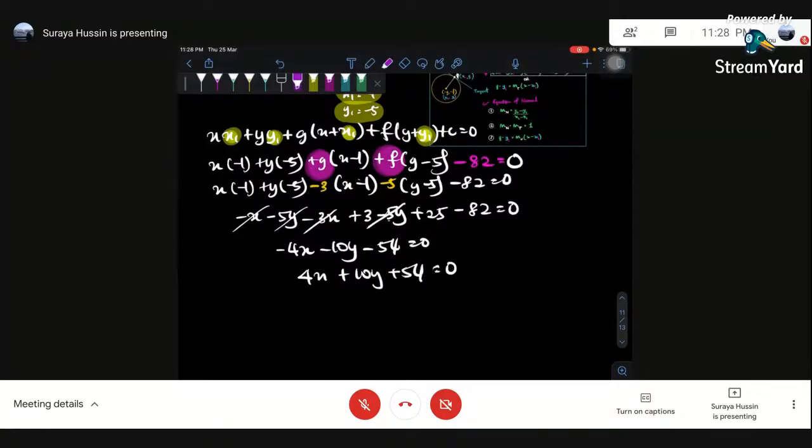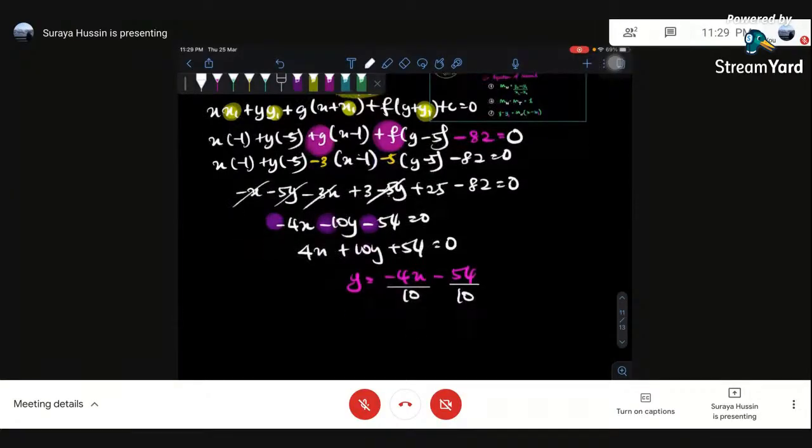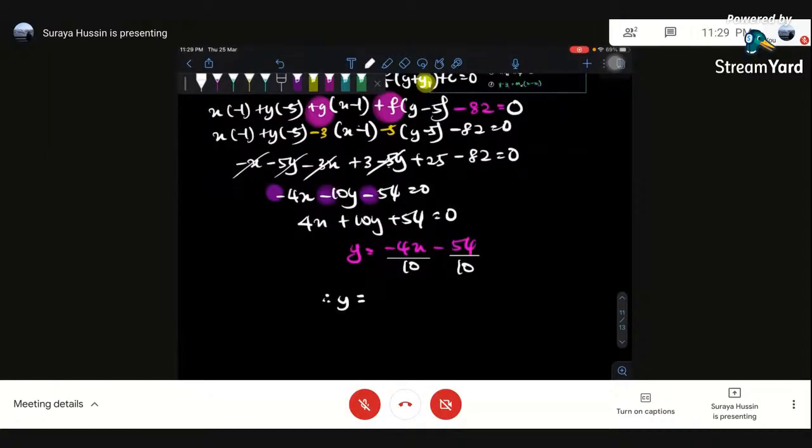Sengaja nak jadikan everything is in terms of positive. It's easier like that. And then y is equals to negative 4 plus, is it plus? Minus 54 divided by 10. Tetapi boleh permudahkan, boleh di factorize it.